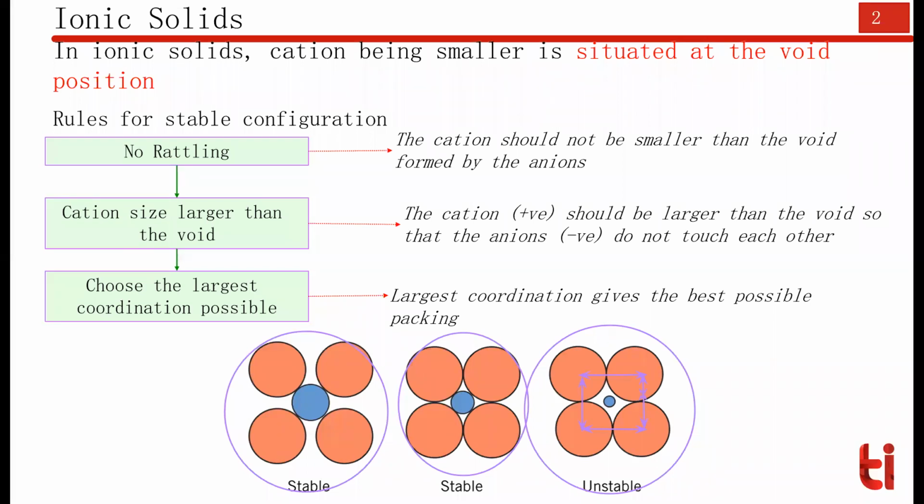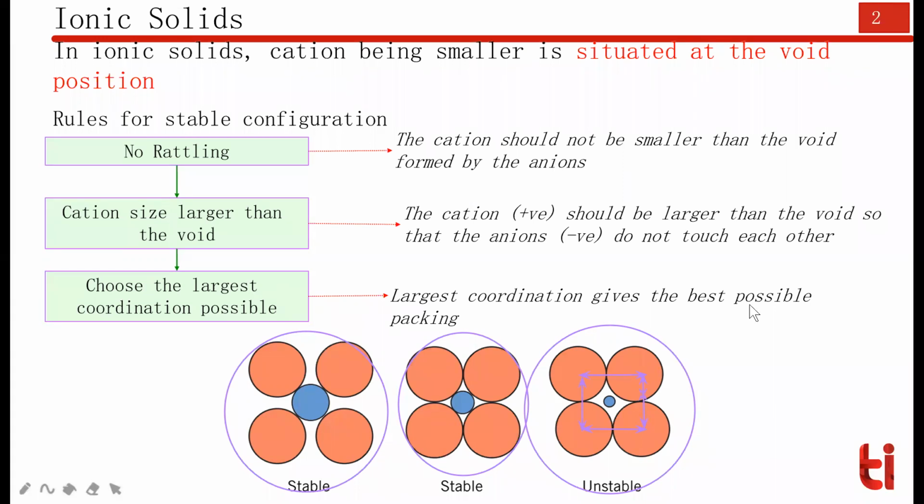The utmost stable state is when a cation, having its dimension larger than the valley, occupies the valley site. In that case, it dislodges the surrounding anions from its neighboring side. In a way, now the anions do not touch each other. So that will be the most stable configuration.